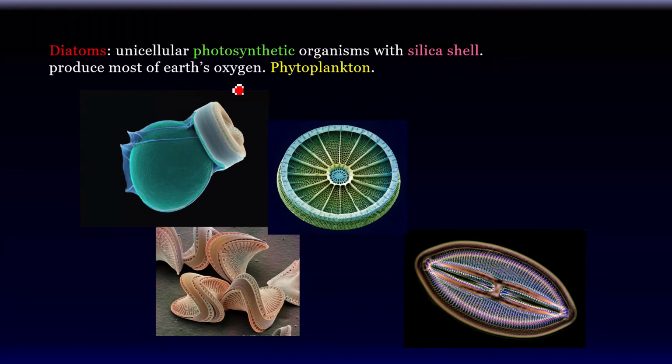And they produce at least 50% of the Earth's oxygen, and they're part of the phytoplankton. Phytoplankton, the floating photosynthetic community, is a broad association of groups of things.